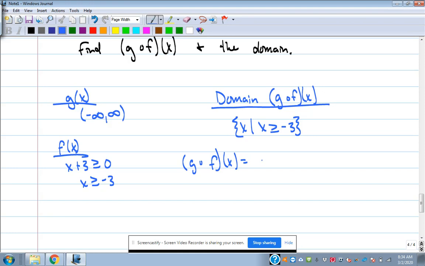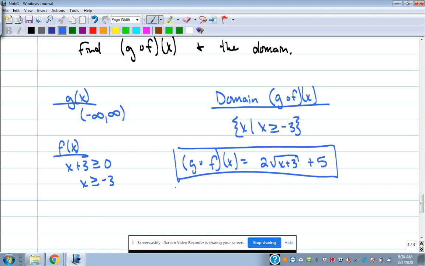So the f of x function was square root of x plus 3. And this one's nice and beautiful. You don't have to do anything. Nothing you can do to simplify that.